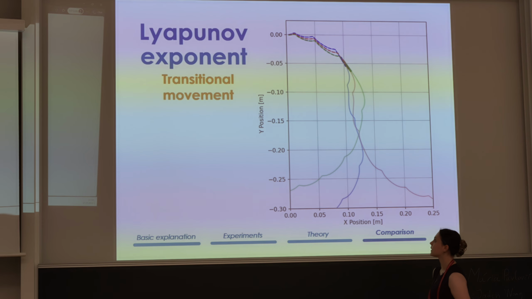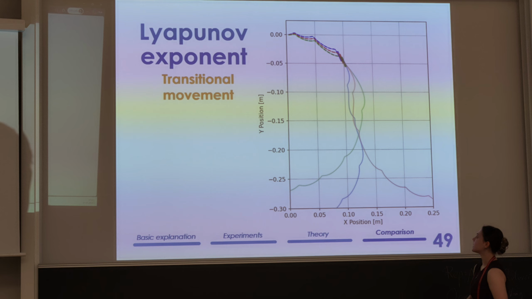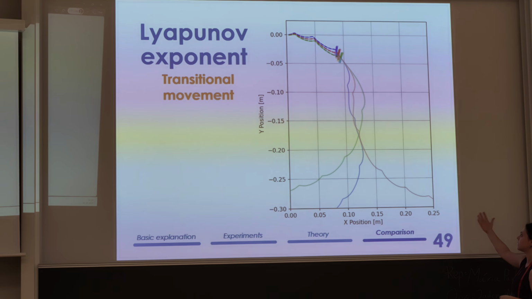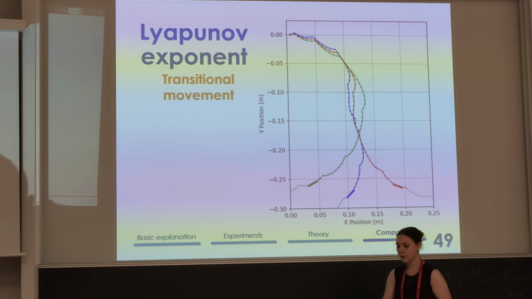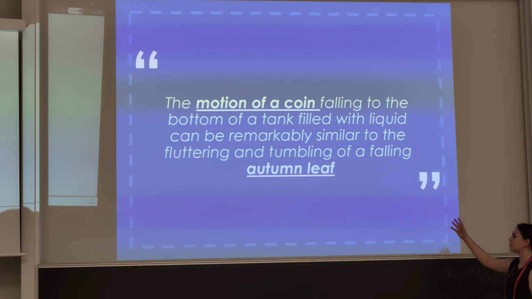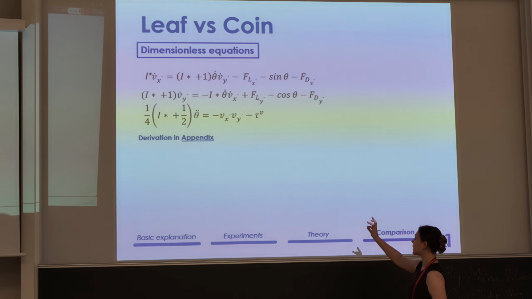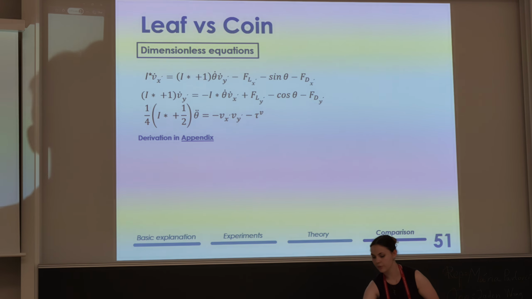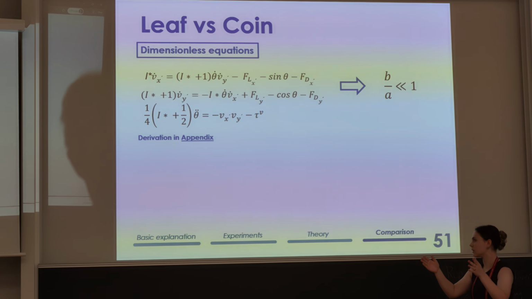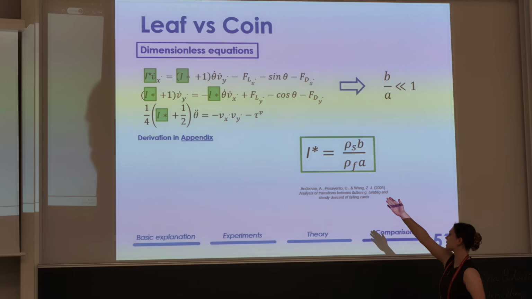Looking at the trajectories of the movement, this is from my simulation, we can see that we change the input a little bit, and we do see the difference in the motion. So, in the problem statement, they say that it can be remarkably similar to the autumn leaf, autumn coin. If we take our equation that we had before and assume that the thickness divided by the length of the coin is much smaller than A, we can get these expressions.